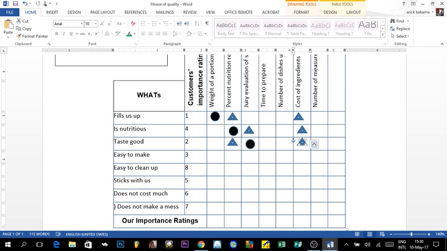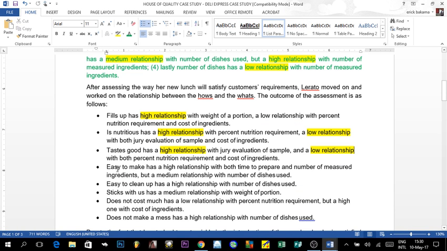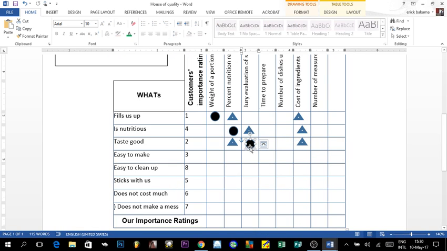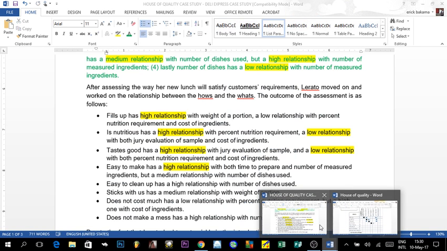Now next is easy to make. They say that easy to make has a high relationship with both the time to prepare and the number of measured ingredient. So the relationship is high with the time to prepare. Now we check, the time to prepare is somewhere here. There's a high relationship.